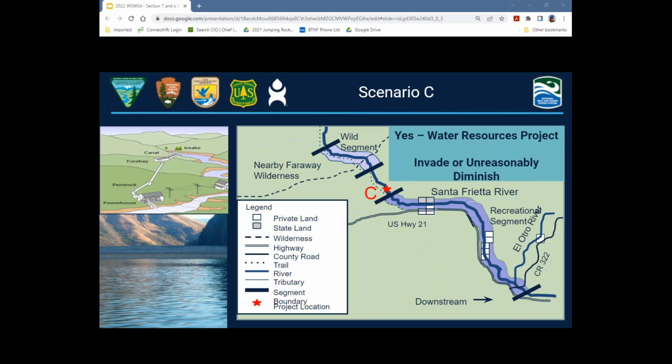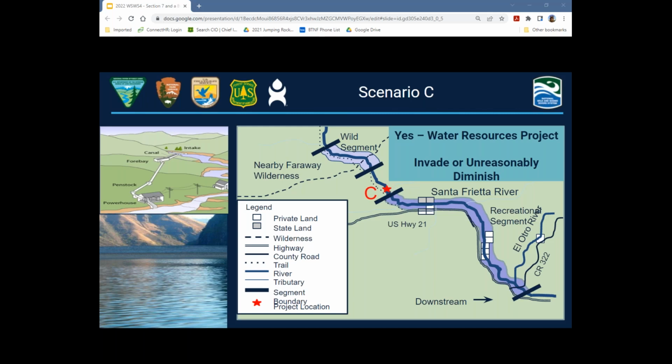However, the reservoir backed up by the dam could potentially have a negative impact on the Santa Frietta steelhead population, which migrates through the designated river segments. The correct Section 7 evaluation standard to apply is Standard 3: invade the area or unreasonably diminish the scenic, recreational, fishery, and wildlife values.